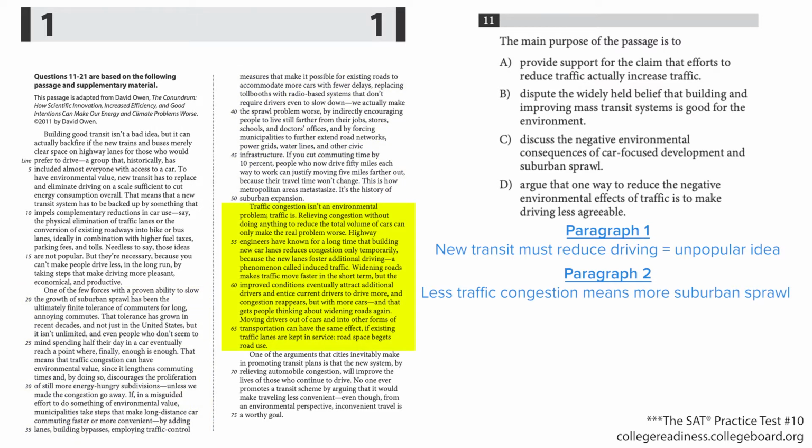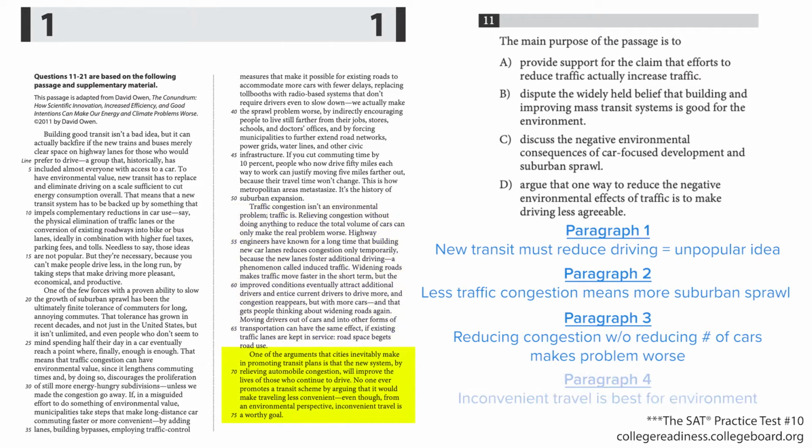For paragraph 3, I would write reducing congestion without reducing number of cars makes problem worse. And then for P4, I would write inconvenient travel is best for environment.